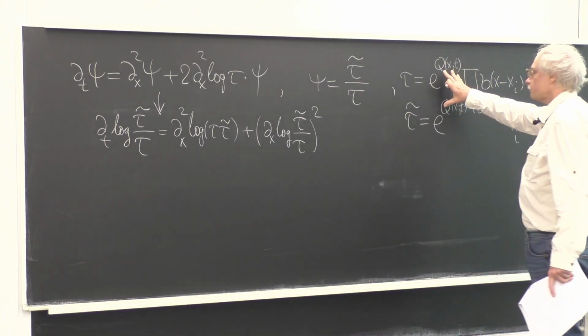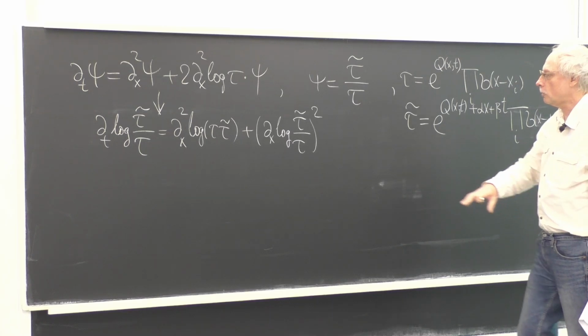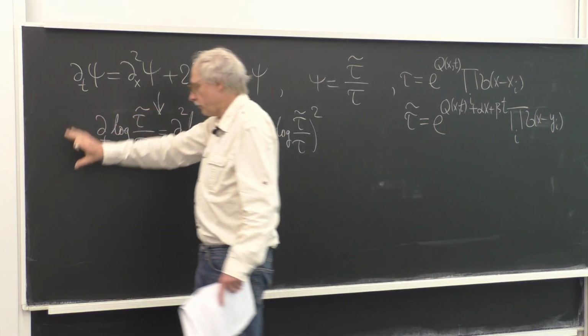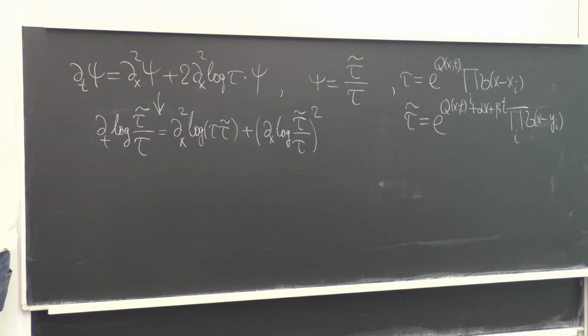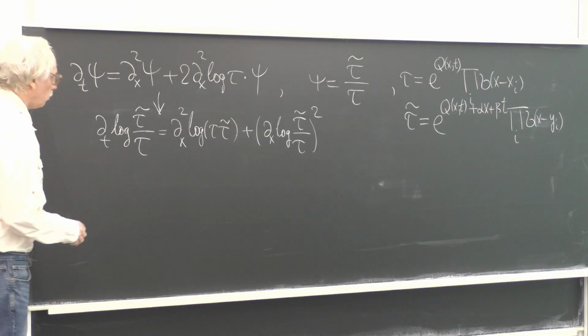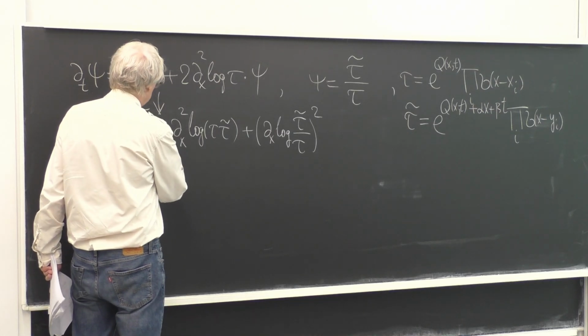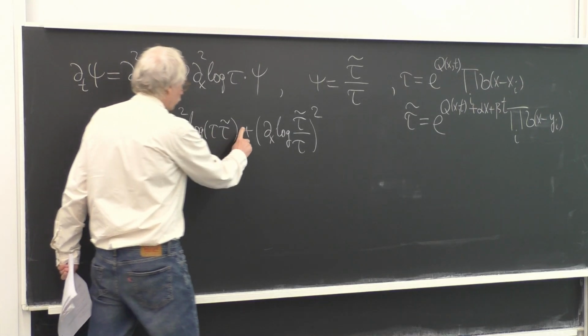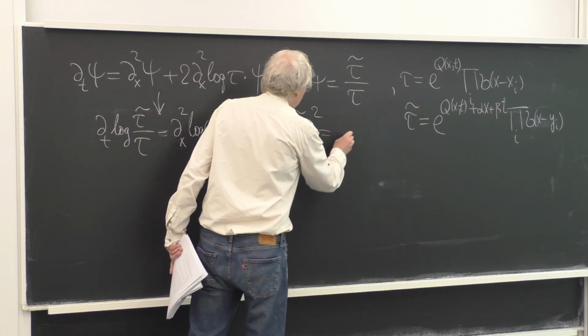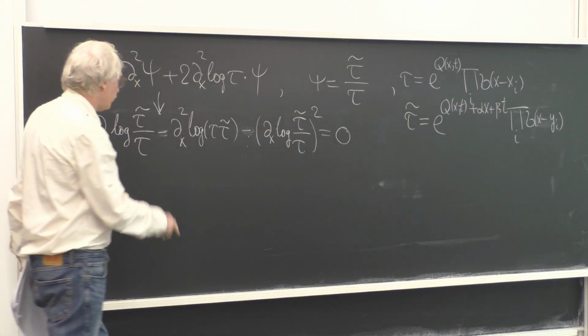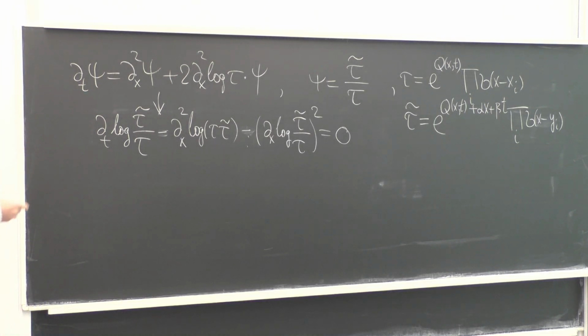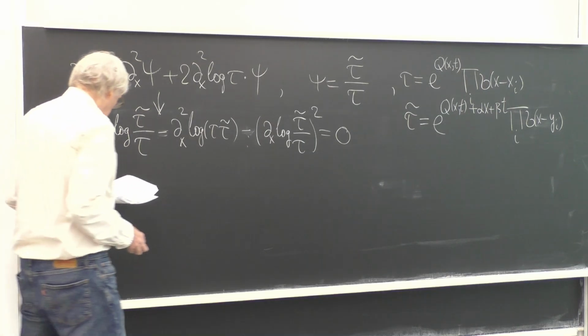Substituting all this into this equation, you move everything to the left-hand side, and the left-hand side, after that substitution, becomes an elliptic function with possible poles at xi and yi.